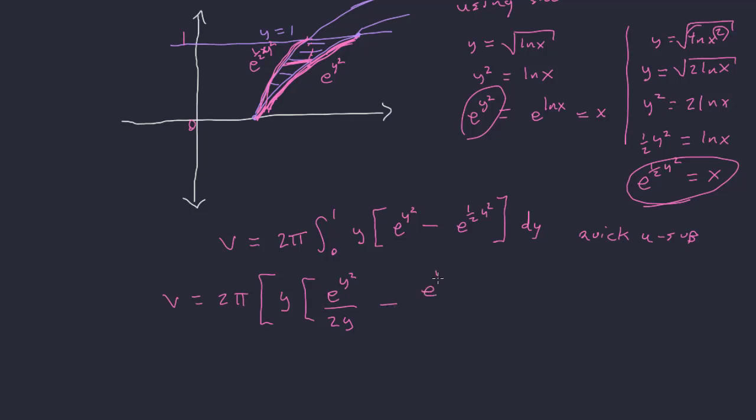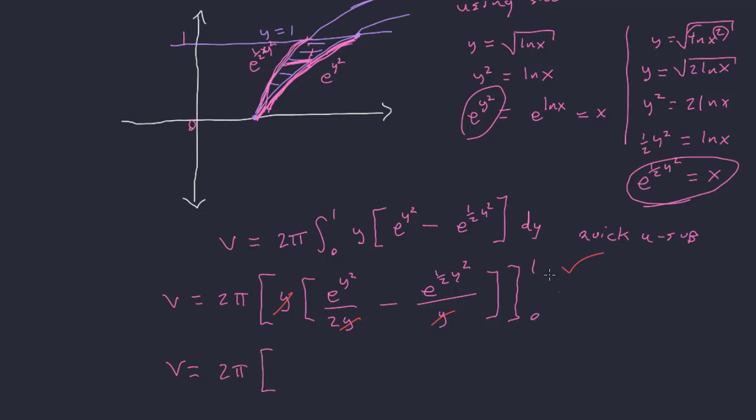It'll be e to the 1/2 y squared over, now it'll just be y down here. We're going to evaluate from 0 to 1, and these y's here cancel with this y here, so that is exactly what we need for the quick u substitution. And I love quick u substitution for definite integrals because it's a lot less work switching back and forth and all that.